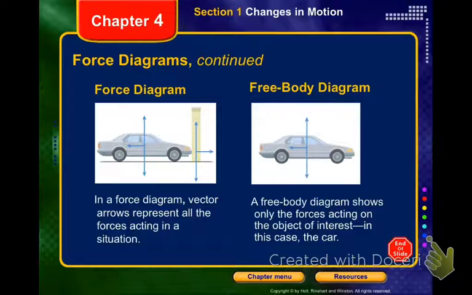Okay? Still the same labels: force due to gravity pushing down, force of the ground or earth pushing up, and then force of resistance. That's what is going in the opposite direction of the car. So resistance is typically opposite direction of whatever force the car is going to be doing.